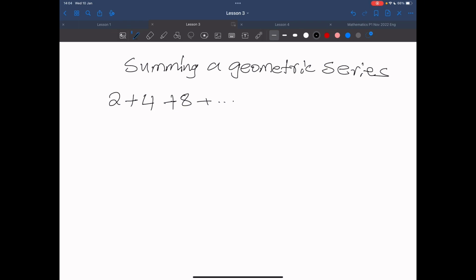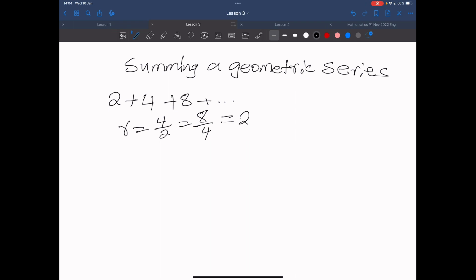If you check, 4 divided by 2 is 2, 8 divided by 4 is 2. So it has a common ratio of 2, term 2 over term 1, term 3 over term 2. So it is a geometric series.